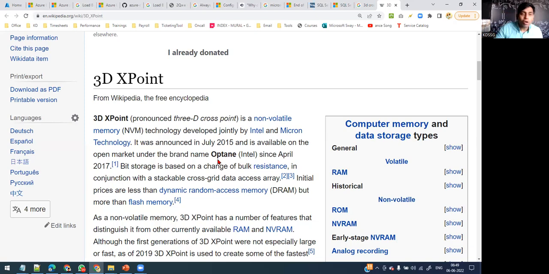And this technology that we are talking about, sir, is even next level. It is pronounced 3D Crosspoint. Don't say 3D X point, it is called 3D Crosspoint. It is an NVMe technology developed jointly by Intel and Micron. Micron is a company famous for disks and memory.